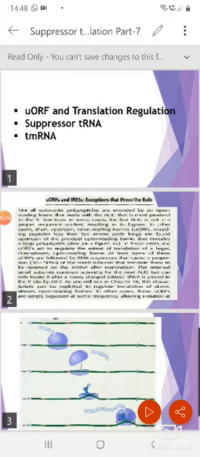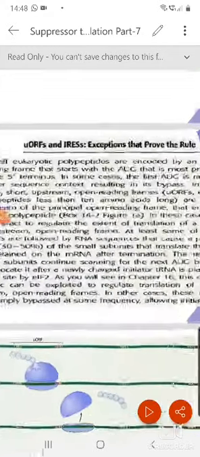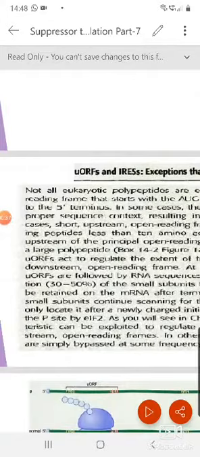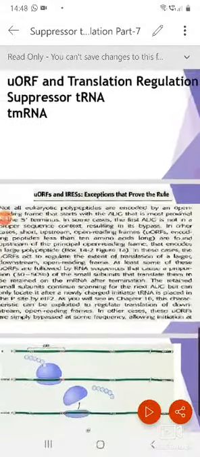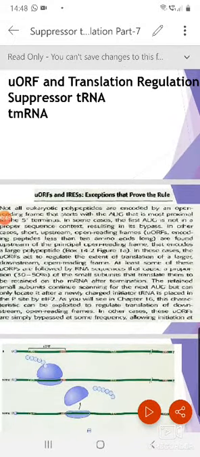Now we will start with upstream open reading frames and how they regulate translation. To understand that, I want to mention that in eukaryotic polypeptide chain synthesis, don't think that it always starts from the first AUG. Sometimes the first AUG is not present according to the frame.